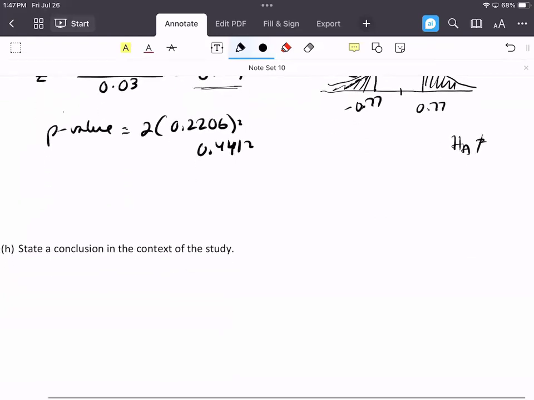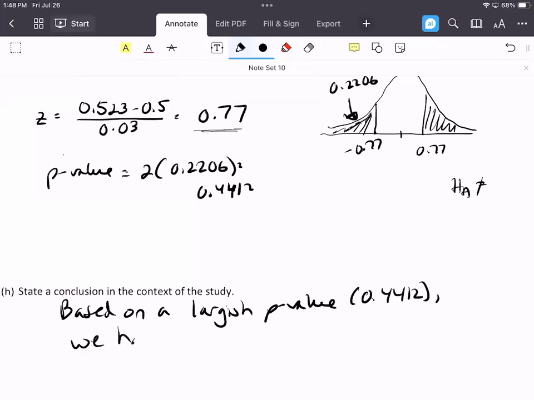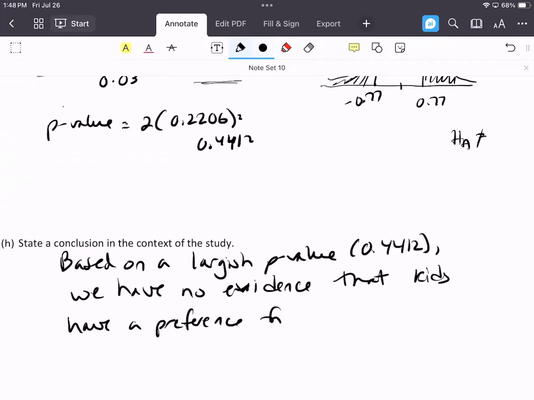Stated conclusion in context. This is the first time we're going to be stating one where we don't have evidence against the null. So I'm going to say, based on a largish p-value, we have no evidence that kids, or you could say trick-or-treaters, have a preference for either candy or a toy.